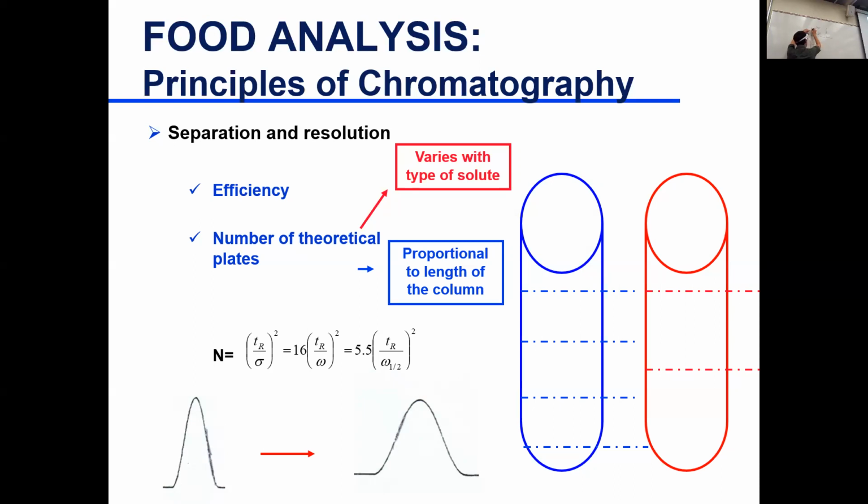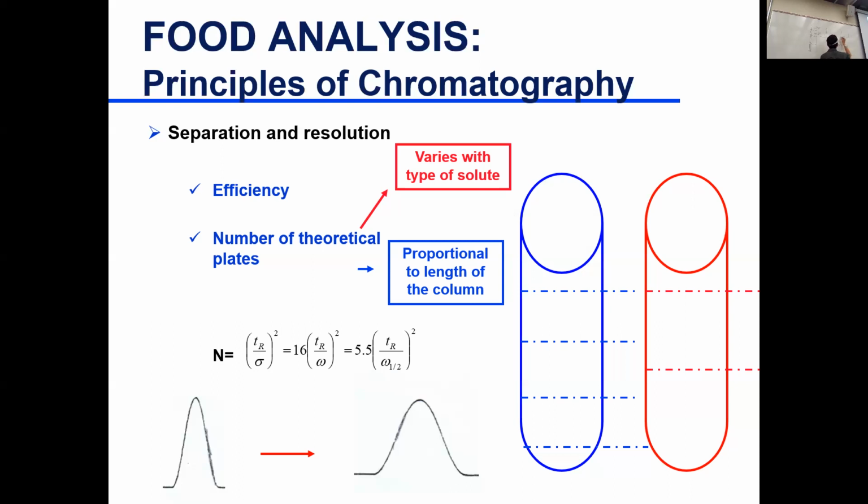And the smaller the length of the theoretical plate, or the shorter it is, the narrower the peak is. When the column deteriorates, that means you don't have good separation and it takes a long time to reach equilibrium. What happens is the number of theoretical plates decreases.